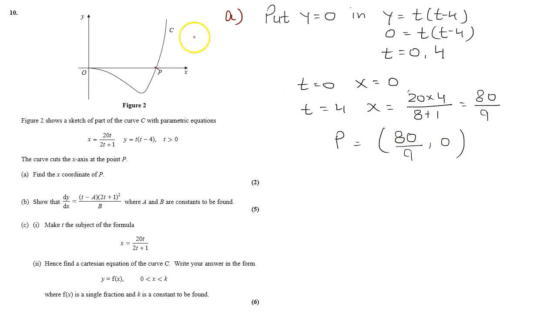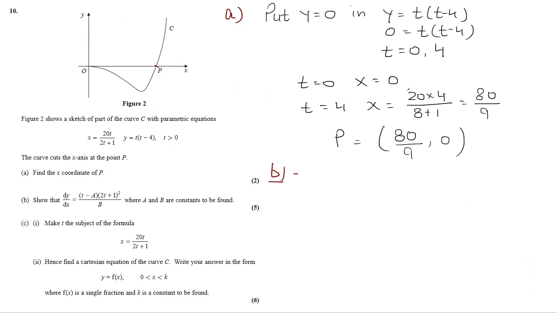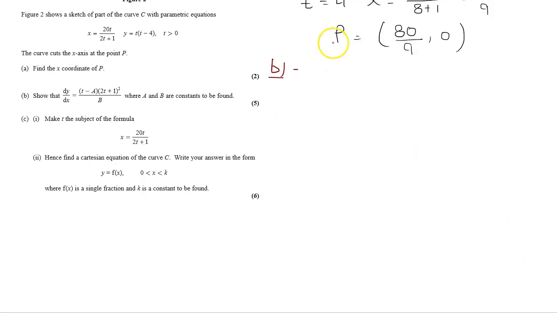This is part A. Now part B is to show that dy over dx. So now we have to find dy over dx. dy over dx is equal to dy over dt over dx over dt.